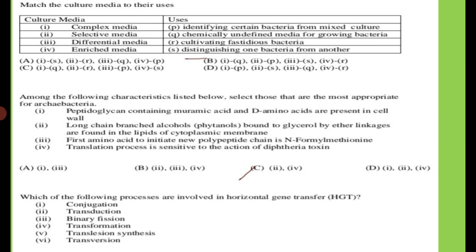The eubacteria's cell membrane is made up of long chain hydrocarbons, and these long chain hydrocarbons are bound to a glycerol by an ester linkage. But in the case of archaeobacteria, there are long chain branched alcohols or phytanols, which are bound to a glycerol by an ether linkage, and this is a difference between the cell membrane of eubacteria and the cell membrane of archaeobacteria.